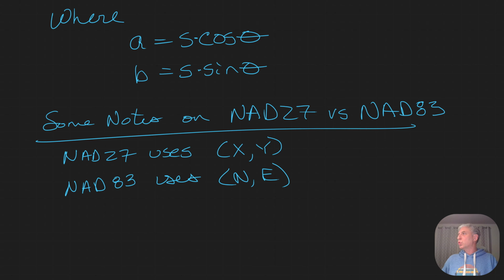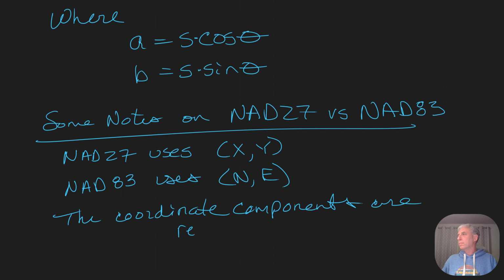And you've probably noticed by now the coordinate components are reversed or opposite. So here, typically X, we think of like the easting, and Y, we think of like the northing.